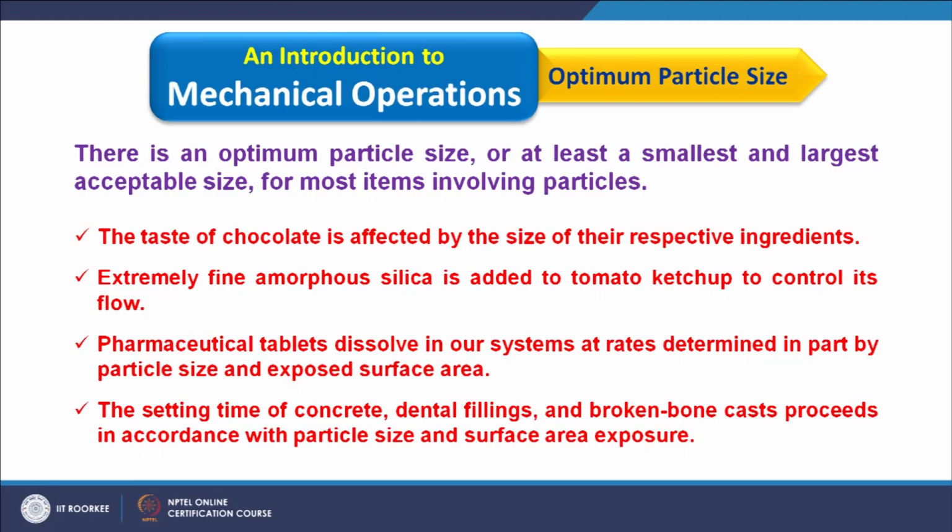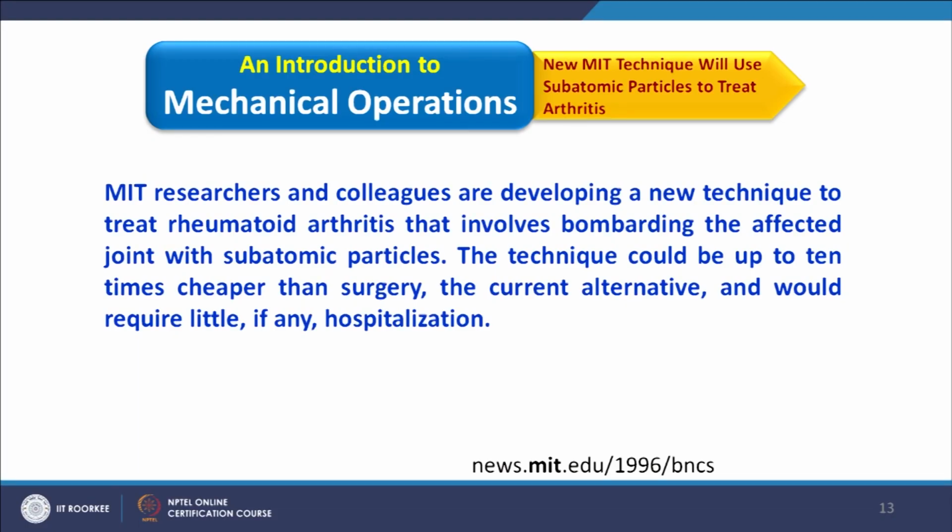Here I am having another example of particle size, where researchers have used particle size analysis to treat arthritis. This research has been done at MIT. MIT researchers and colleagues are developing a new technique to treat rheumatoid arthritis that involves bombarding the affected joint with subatomic particles. So you can understand that particles have a very important role in such severe diseases.